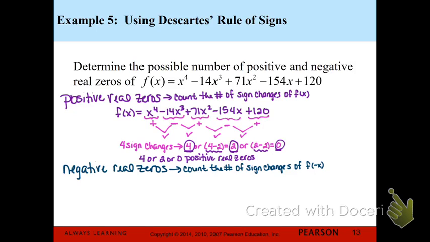I've got to go find f of negative x before I can actually count the sign changes. So for f of negative x, I'm going to take my f of x as they gave me in the problem, and I'm just going to plug in negative x for every x. So I'm going to do my skeleton. And I'm going to plug in negative x.